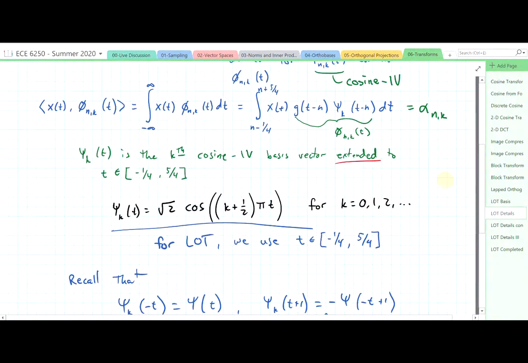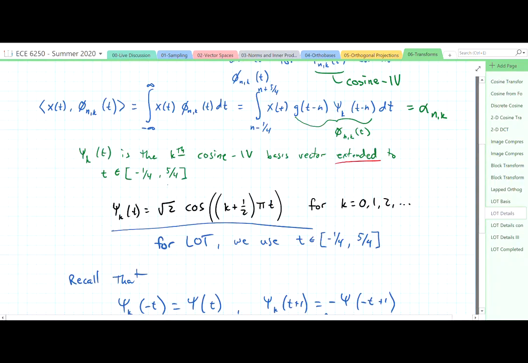Remember that psi k of t in general is the cosine 4 basis, and although the function itself can be evaluated at any point in t that you might like, as a basis it was defined from 0 to 1, but now we've extended it to be from -1/4 to 5/4.